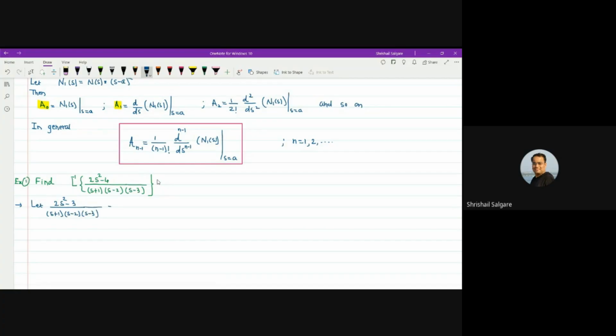Now I will ask some questions. Now you are having two polynomials. Numerator is one polynomial, denominator is also one polynomial. What is the degree of numerator? Ritesh? Sir, 2. Very good. Degree of numerator is 2, and degree of denominator?